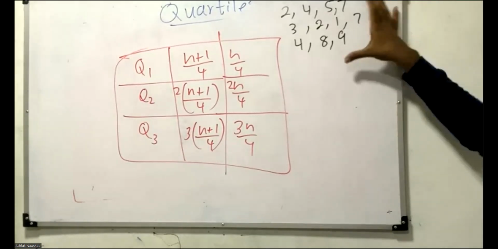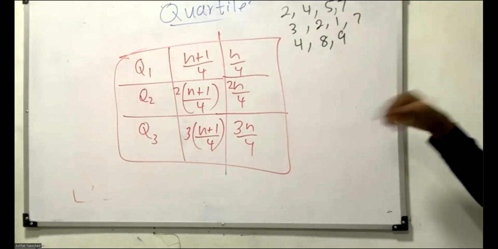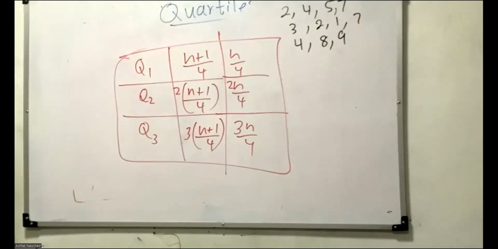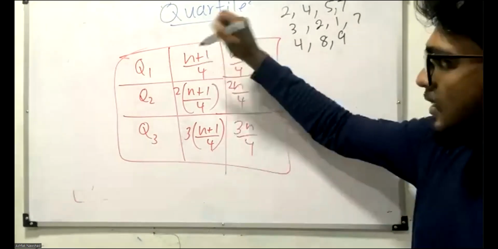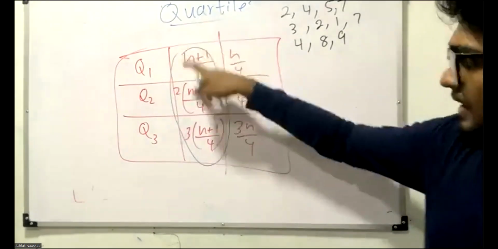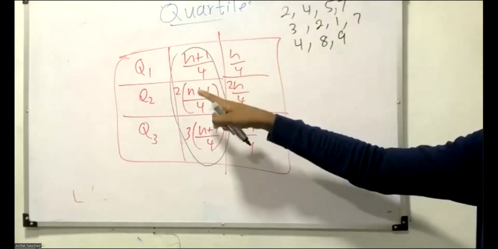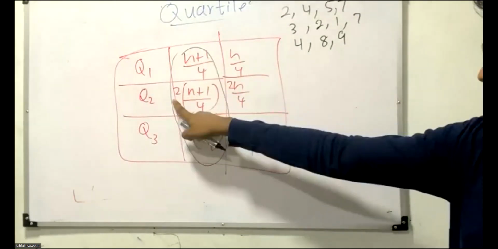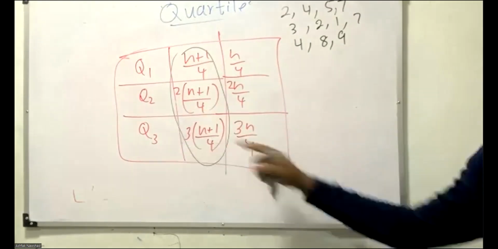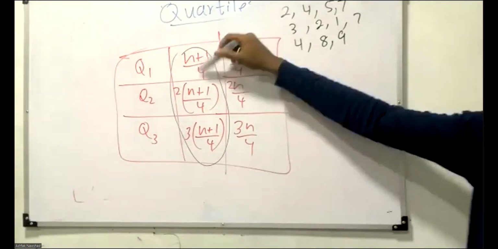So, is the number of data less than 30 or greater than 30? The number of data is less than 30. So you can easily use these formulas. This set of formulas is not that hard to remember. Try developing a technique: n plus 1 over 4, twice n plus 1 over 4, and thrice n plus 1 over 4. So you will have to remember only one.